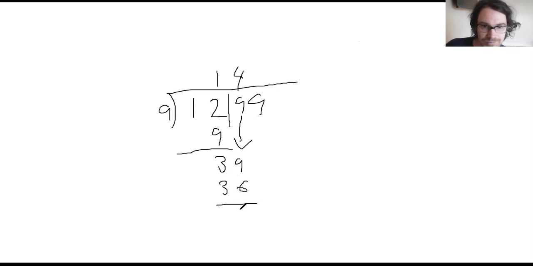Find the remainder, bring down the next digit. Do division. Find the remainder. No more digits to bring down, so now we've got the answer at the top, 144, with the remainder at the bottom.